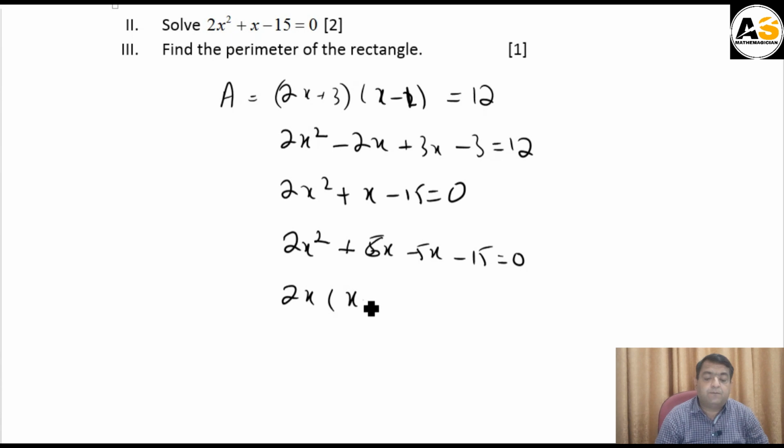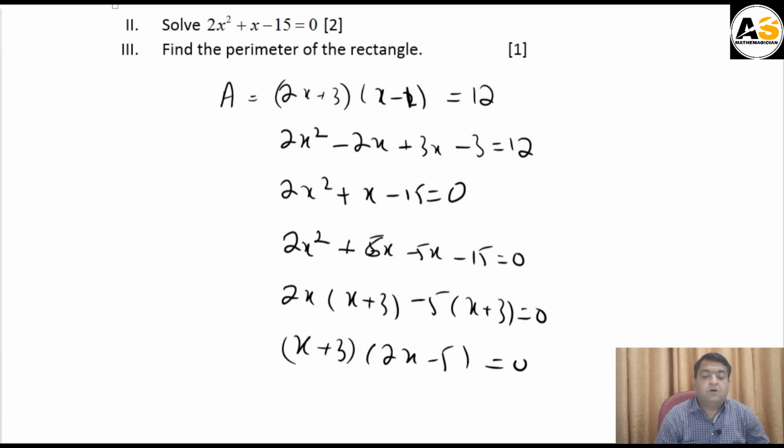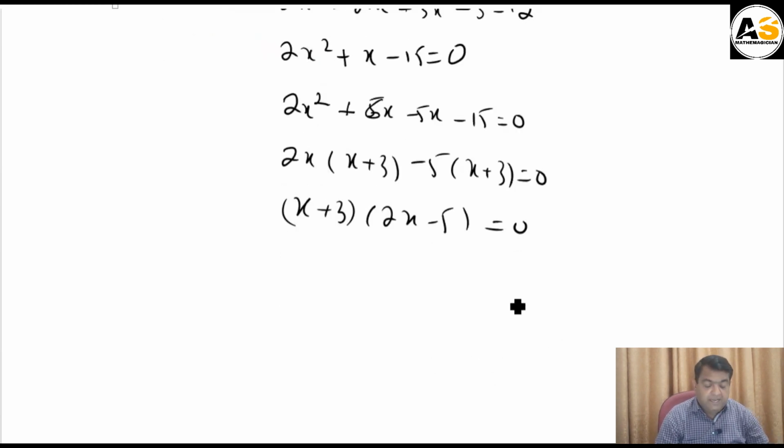This will be x plus 3. Minus 5 is common in the next two terms, x plus 3. And then we will get two factors, x plus 3 and 2x minus 5. When we solve this, x plus 3 is equal to 0 will give us x is equal to minus 3, and this factor will give us 2x is equal to 5, or x is equal to 5 by 2.